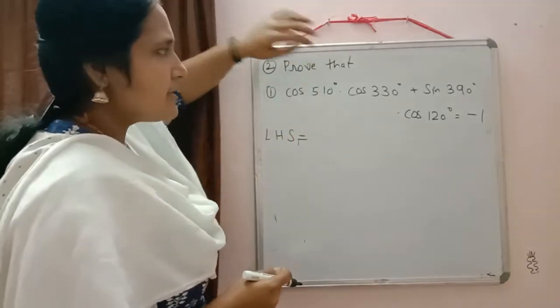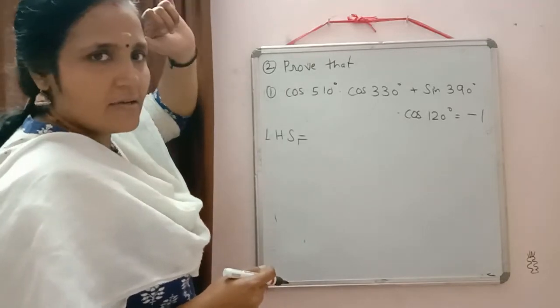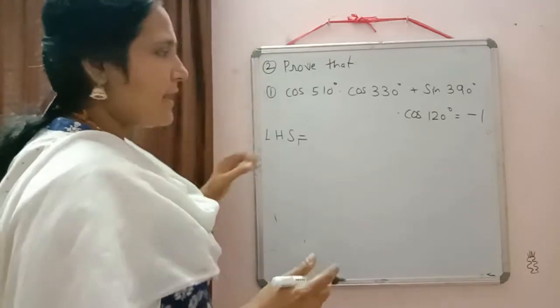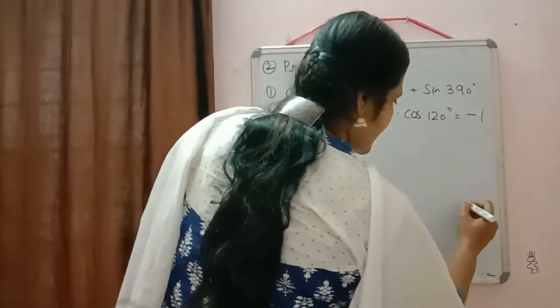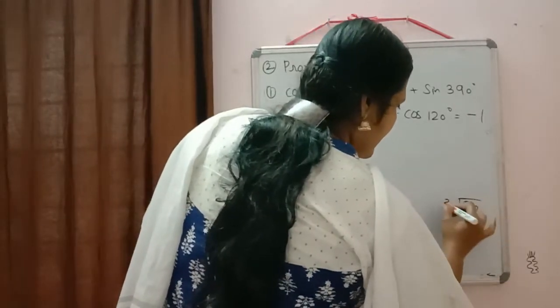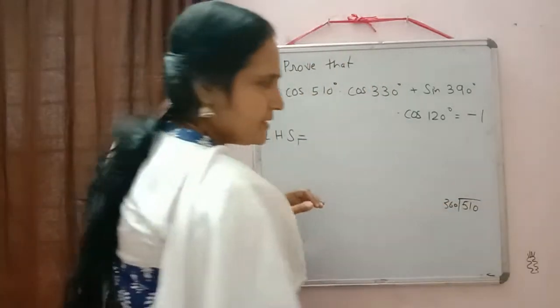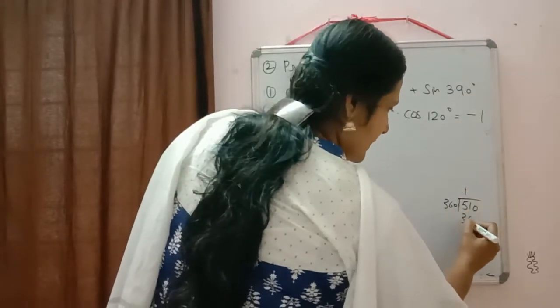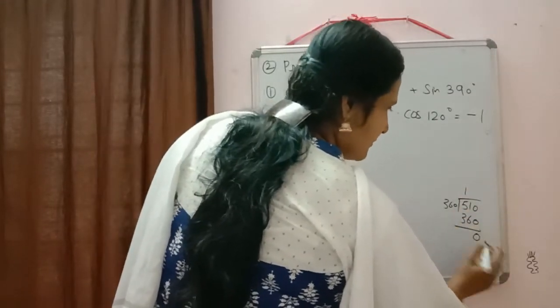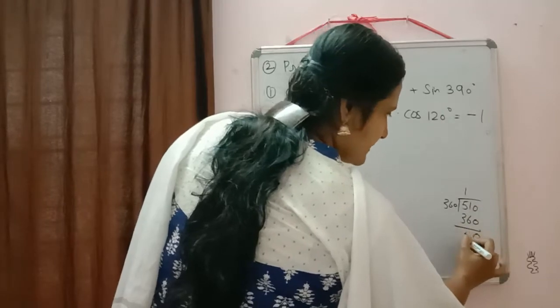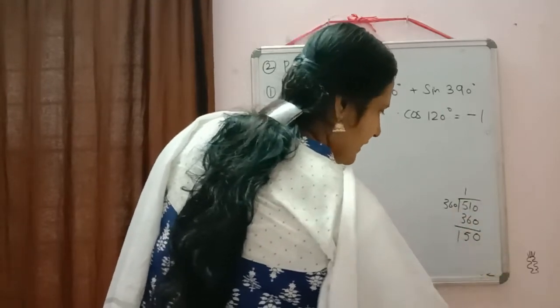First one is cos 510 degree. So again what we will do? We'll divide 510 by 360. 510 divided by 360. 360 into 1 only will come, 360. Then it will be equal to 0. 11 minus 6, 5. 4 minus 3, 1.